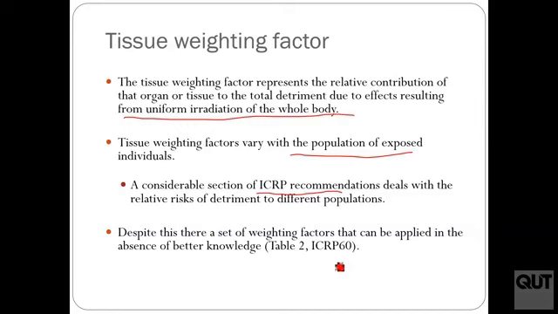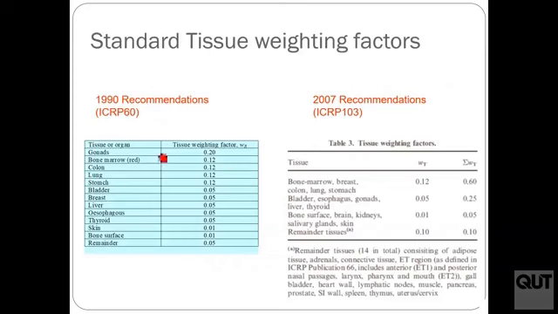But given if you don't know the relative risks of the different populations, there's a set of weighting factors that can generally be used. So here's the tissue weighting factors, the 1990 recommendations and the 2007. We will be using the 1990 ones, just simply because, well, the table's better, to be honest.